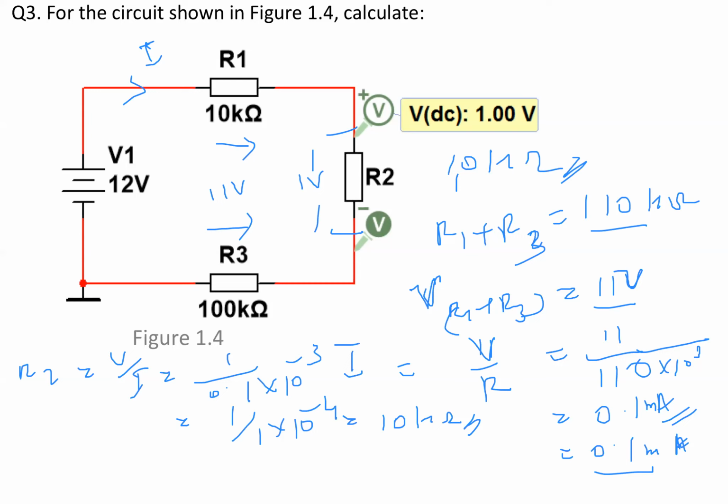Now second part, we need to find the power dissipation, right? How do we find the power dissipation? What is the equation for power dissipation? P is equal to VI, very good. So now do we know this V and I for R2? Yes. It is 1 volt multiplied by 0.1 times 10 to the power negative 3.